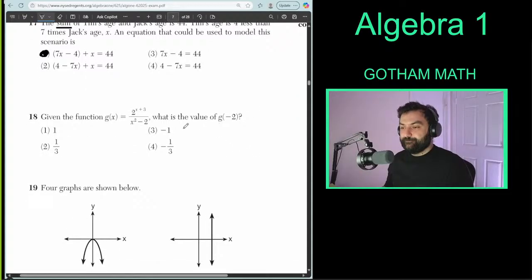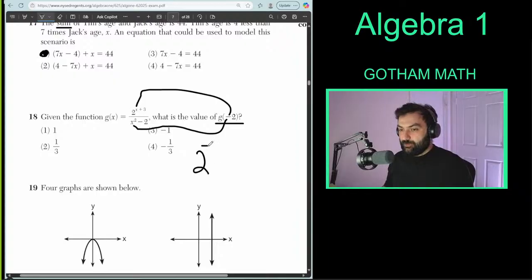18. Oh, when I see this, I do what? I plug in that number, -2, into every x in the expression here and here. Let's just write it down. 2 to the power -2 plus 3 over -2 squared minus 2.